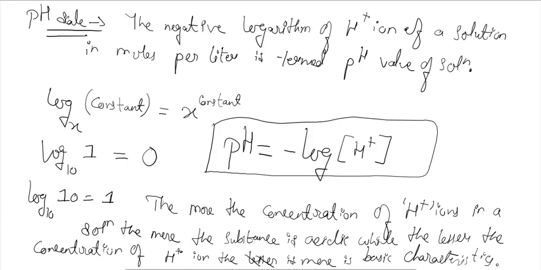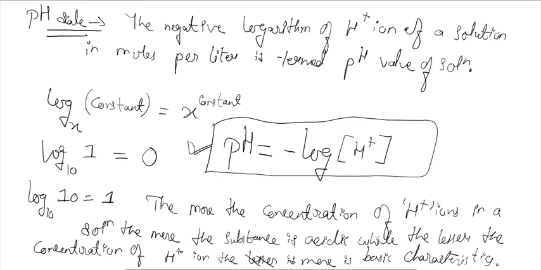Similarly, the lesser the H plus ion concentration in our substance, the lesser its acidic character and the more its basic character. The pH scale is defined to find out acids and bases, based on this mathematical expression: pH is equal to minus log of the concentration of H plus ion in the given solution.